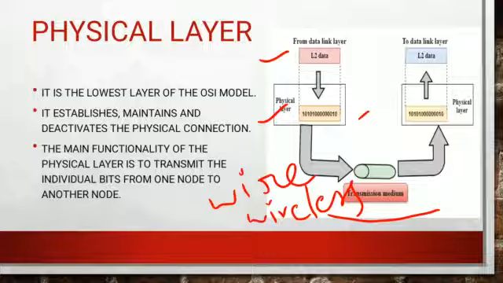Wired means we are connecting through cables or wires. Wireless means we are connecting one system to another system, and nowadays we use Bluetooth, ShareMe like that. Many applications are there. Through wireless also we connect from one device to another device. That is taken care of by this physical layer.